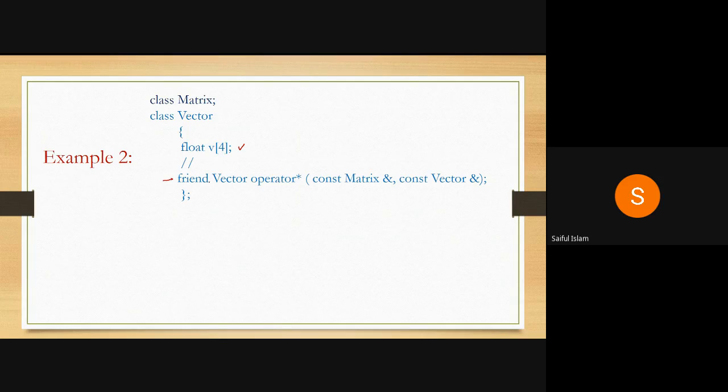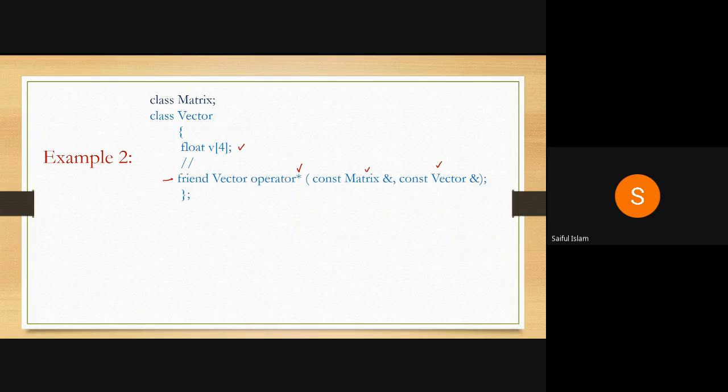Look at this one: friend returning a vector, the operator is multiplication, and you have two parameters, a matrix and a vector. The purpose of this is to multiply values of two different objects. One object is coming from a matrix and one object is coming from a vector.